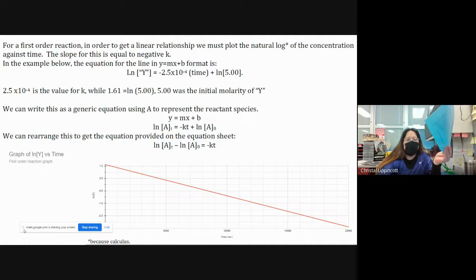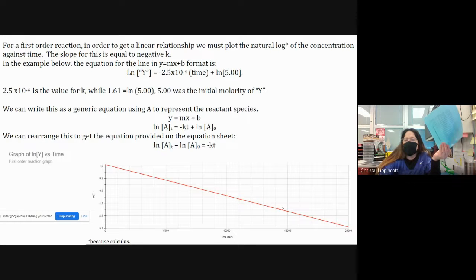Now, if you take that same data and you plot it, but this time on your y-axis, instead of having concentration there, you have the natural log of the concentration.